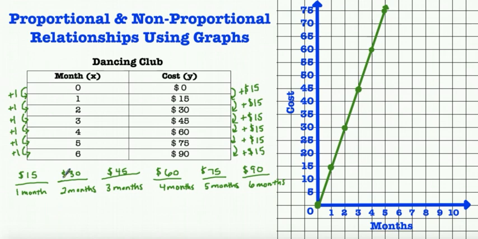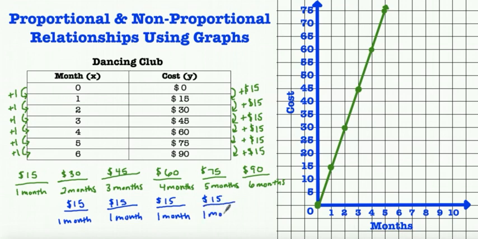And then if we simplify $30 for 2 months, 30 divided by 2 is $15, so this is also $15 a month. $45 for 3 months, if we divide that, we end up with $15 a month. $60 for 4 months, we end up with $15 a month. $75 for 5 months, same thing, $15 a month. $90 for 6 months ends up simplifying to $15 a month.